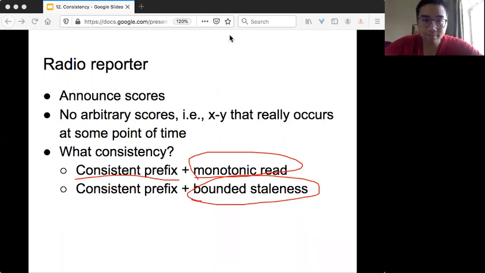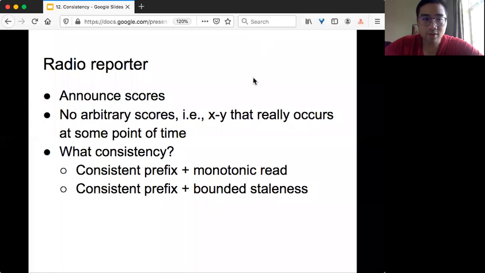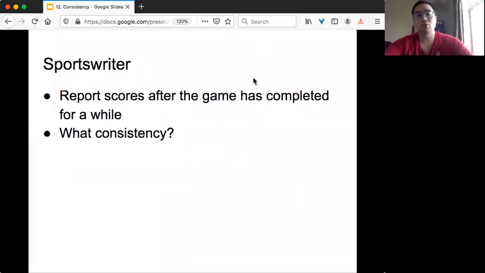Okay. So now let's look at the final one, which is the sports writer. And for the sports writer, at least based on Doug's observations, sports writers only check the scores maybe 1 hour or 2 hours after the game is completed. So in this case, you only need to know the final score.